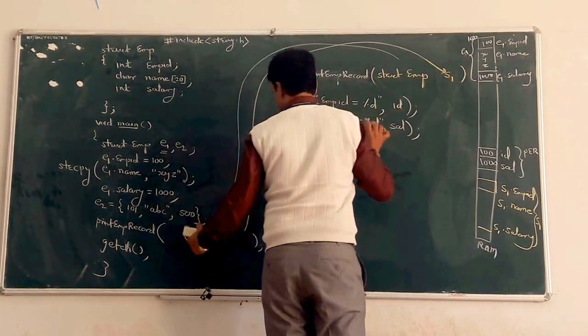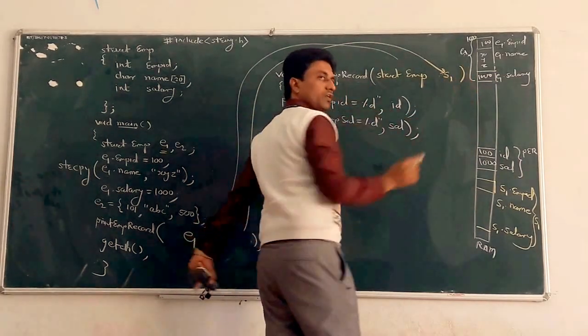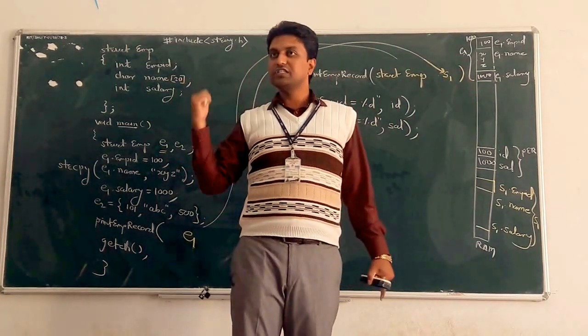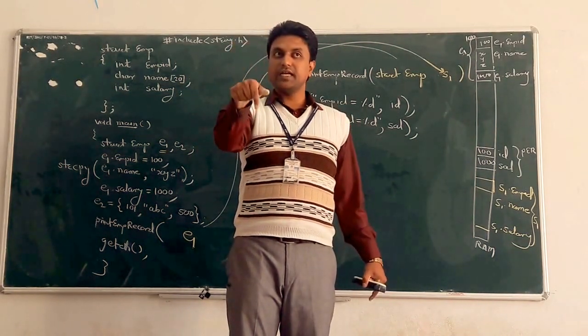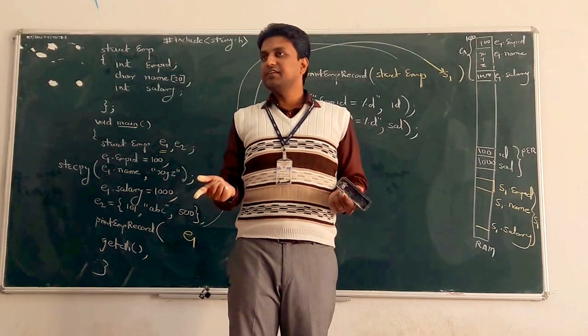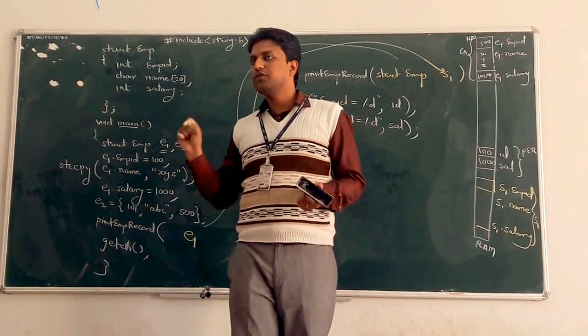So what is the statement? struct EMP S1 is equal to E1. And what is our rule? If E1 and S1 have the same data type, then we can assign it. So it works. So from this concept, what do we understand?